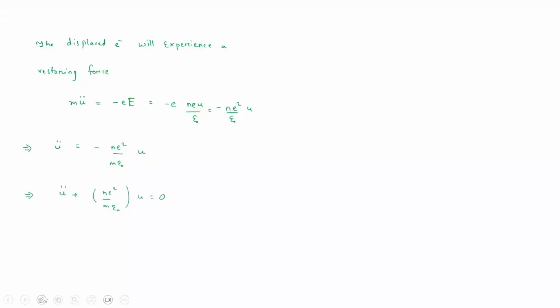Now this is the differential equation for a harmonic oscillator, where this is the frequency of the oscillation. So you can write it as u double dot plus omega p square u is equal to 0, where omega p is nothing but n e square upon m epsilon naught to the power 1 by 2.